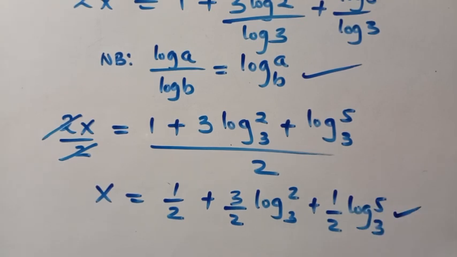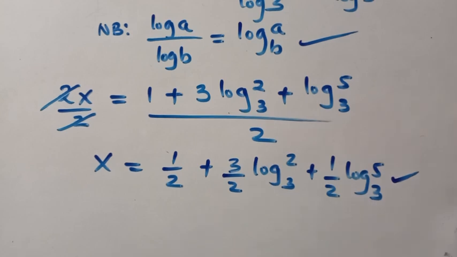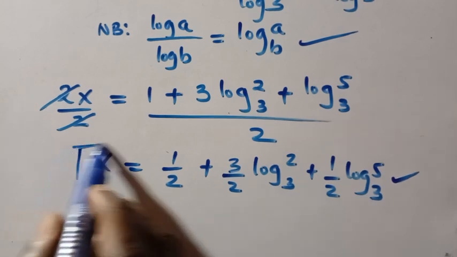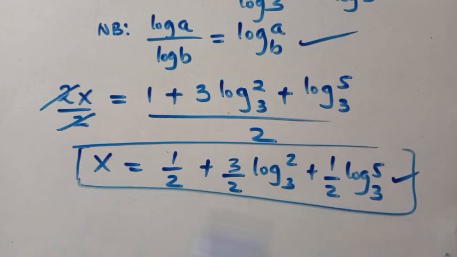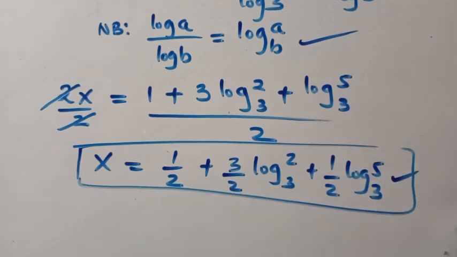And here is the result to this problem. So this is how to calculate the value of x. We can press the numeric value, and we get the answer in a decimal point.